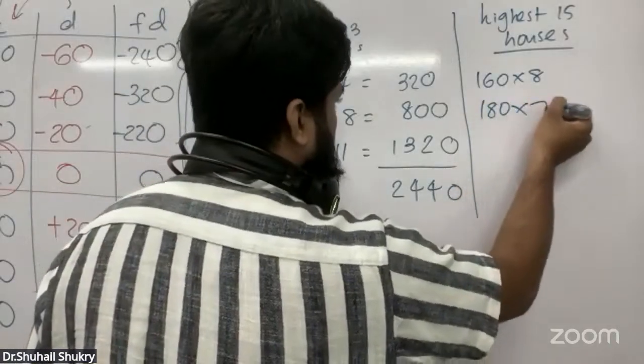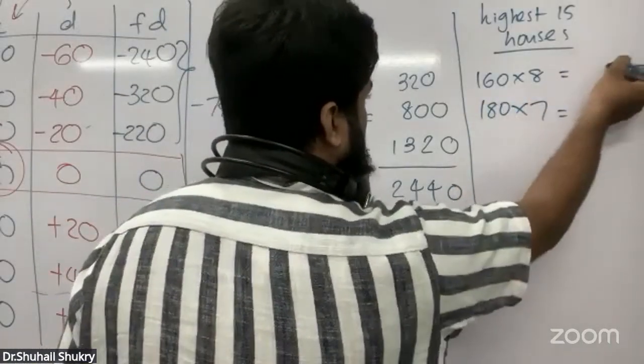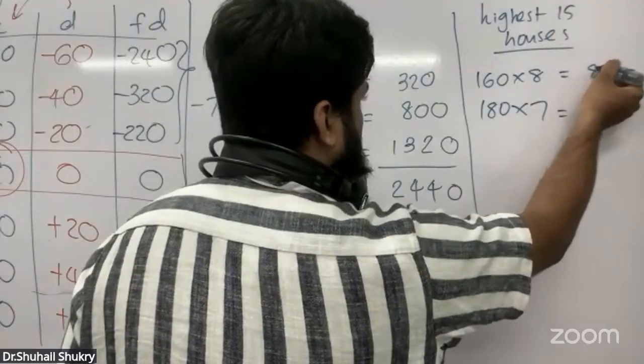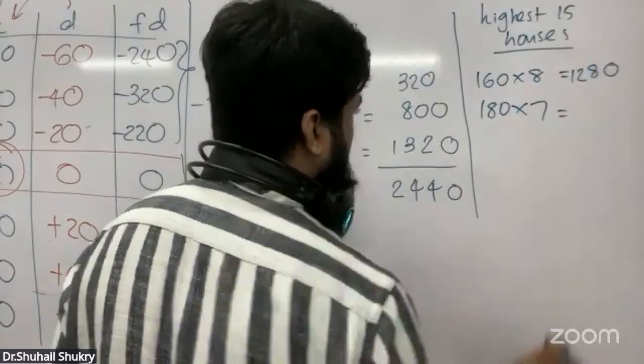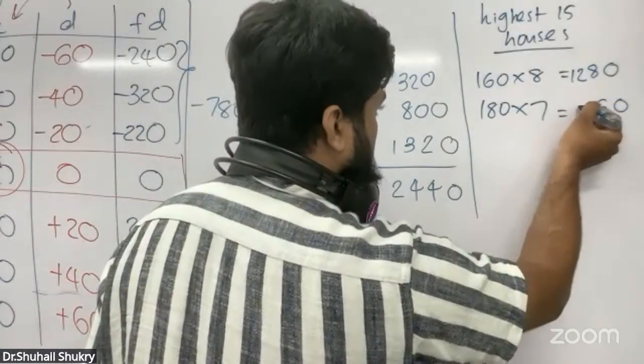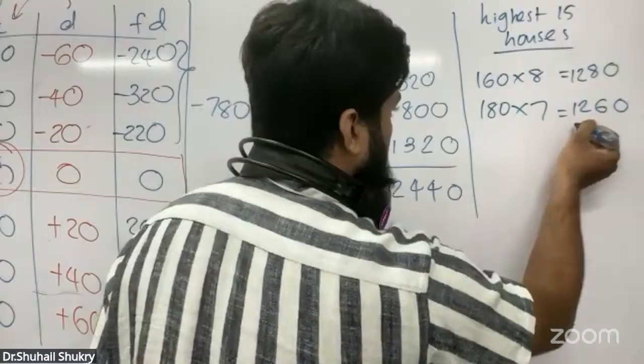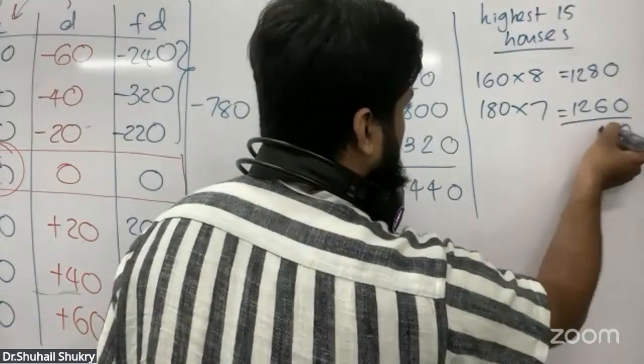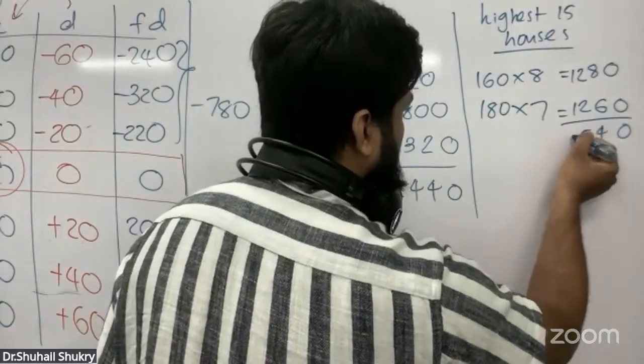We'll multiply this. 160 into 8 means 0, 8 into 6, 48, and 8, 1280. 7 into 0, 0, 7 into 8, 56, and 1260. Okay, adding, 2540.